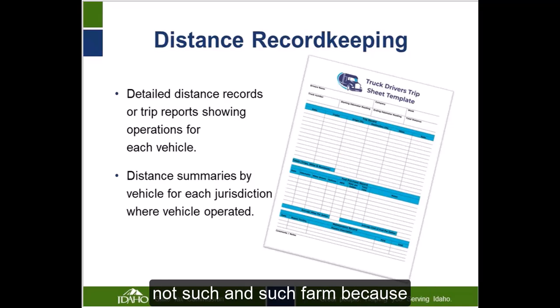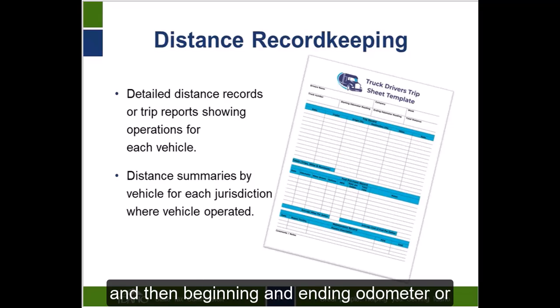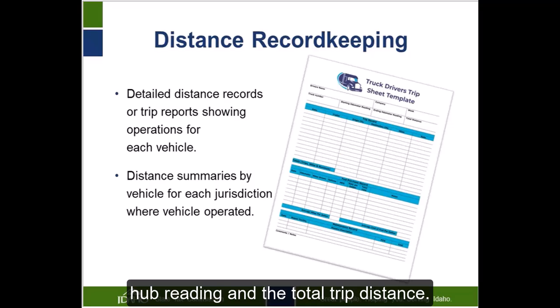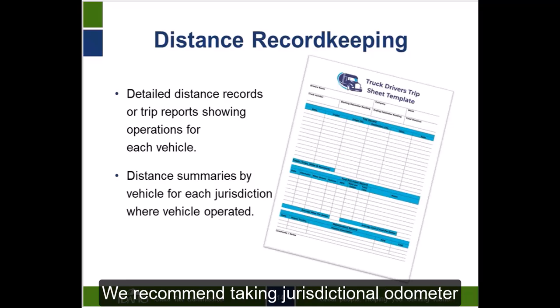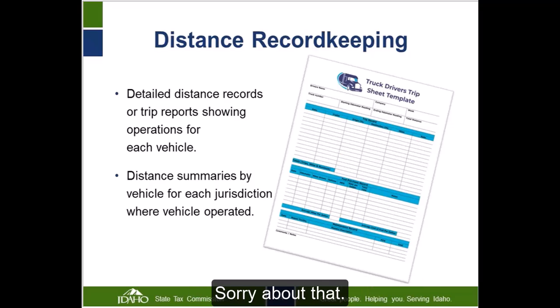That's not such and such farm, because we don't know where that's at, or a name of a location that you dropped off at. It needs to actually have the city and jurisdiction, and then beginning and ending odometer or hub reading, and the total trip distance. We recommend taking jurisdictional odometer readings and recording routes of travel. And then we also want to see the fleet and the registration name on those mileage documents. So I did skip over that, sorry about that.